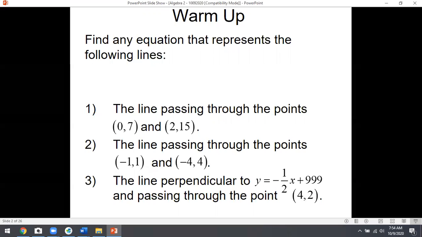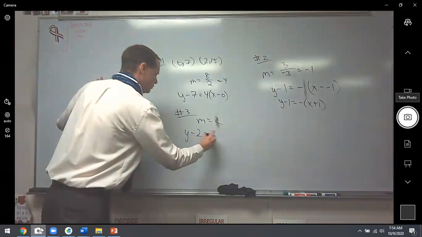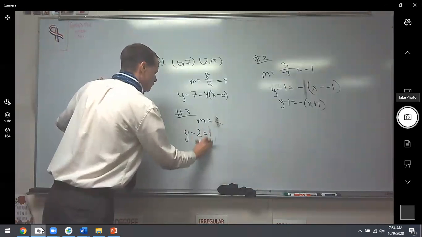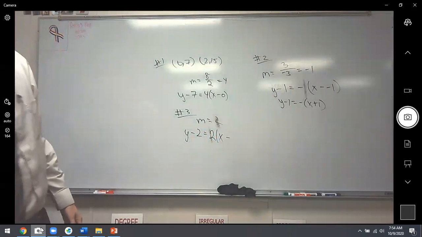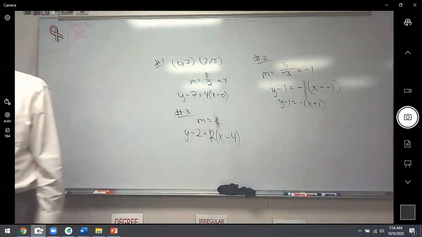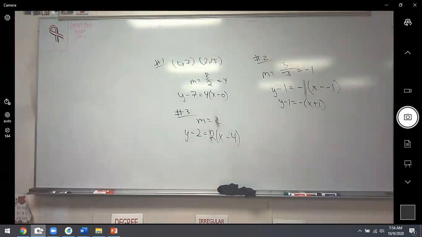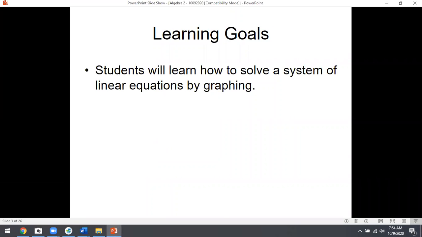The y coordinate was 2 and the x coordinate was 4, so y minus 2 is the slope, which is 2, times x minus the x coordinate, which was 4. And that's good enough for me. So the direction said any equation, that's an equation. In practice, I'd probably distribute things out and get that in the slope intercept form because that's just more user friendly for me and stuff like that. But there you go.